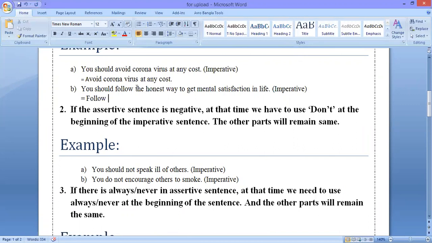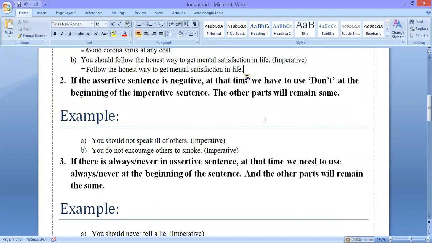After that, the rest of the part will be the same. So the solution will be: Follow the honest way to get mental satisfaction in life. So we need to remember that if you want to make an imperative sentence from an assertive one, we shall have to bring the main verb to the beginning of the sentence and the rest of the parts will remain the same.